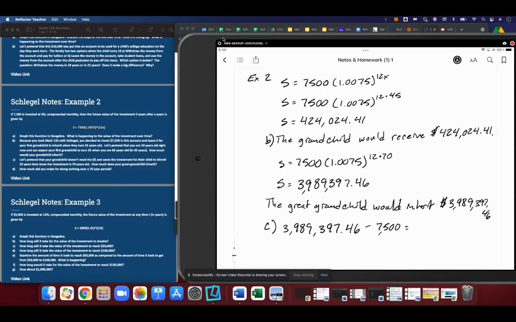And anyway, if we subtract the measly $7,500 that we started with from that, we still have something ridiculous like $3,981,897.46. I think I did the math on that correctly. Honestly, I don't care, because look how small of a portion this $7,500 that we thought was a lot to start with is worth now 70 years later. Time is fertilizer for money, everybody.